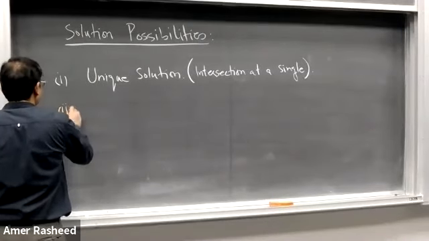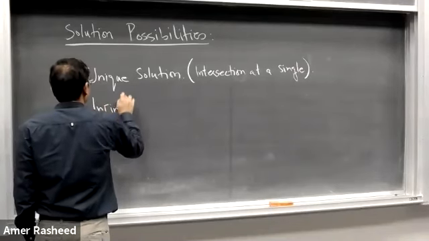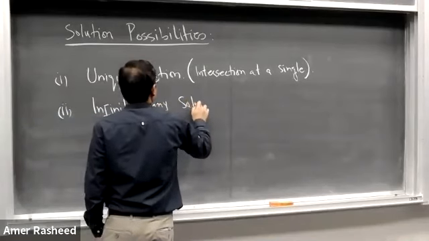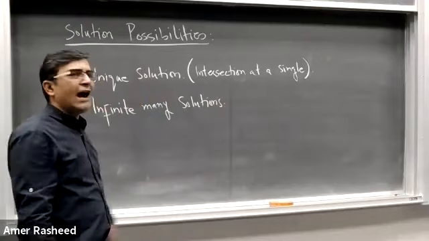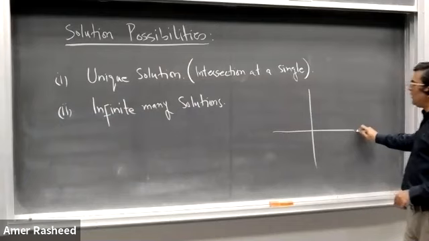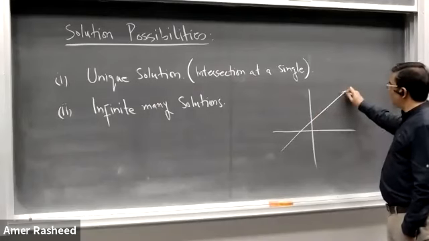The other one is we can have infinitely many solutions. How can we have infinitely many solutions if we have two linear equations? The lines would be on top of each other. Yes, overlapping lines.